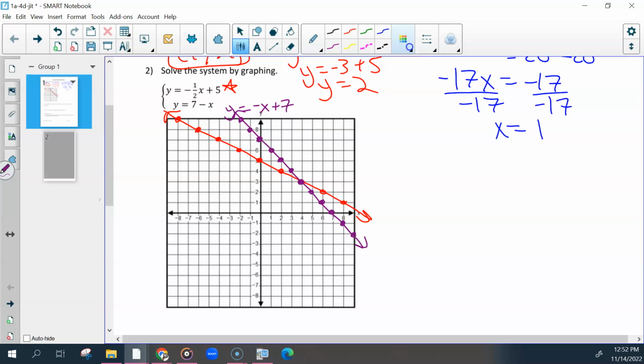And then you would find where these intersect. And that would be at the point 4, 3. And that would be your answer. Questions on that one?